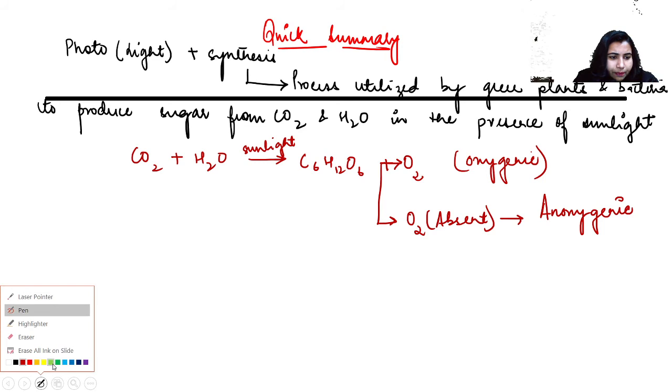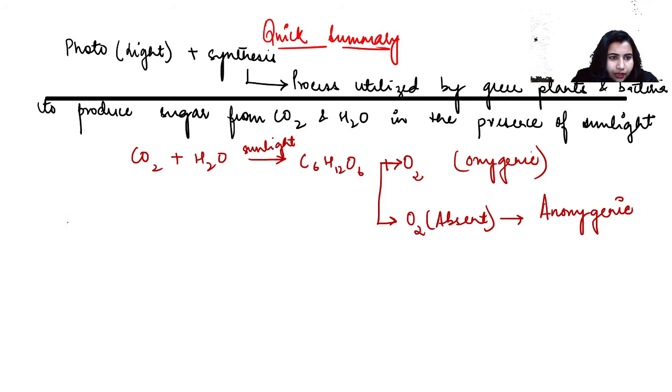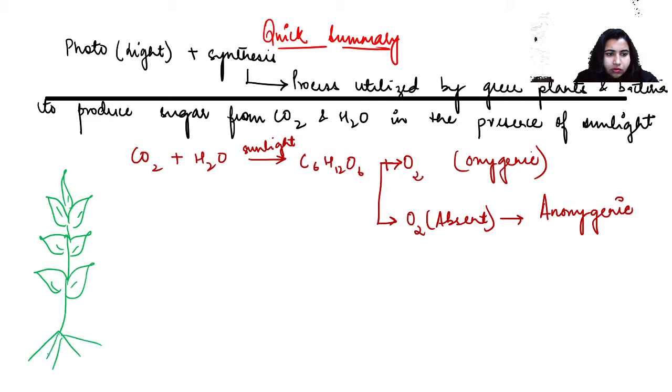If I draw a plant here to make you understand the concept, you can see here, everyone. This is, suppose, the sun. Who will absorb the sunlight? The sunlight will be absorbed by chlorophyll.